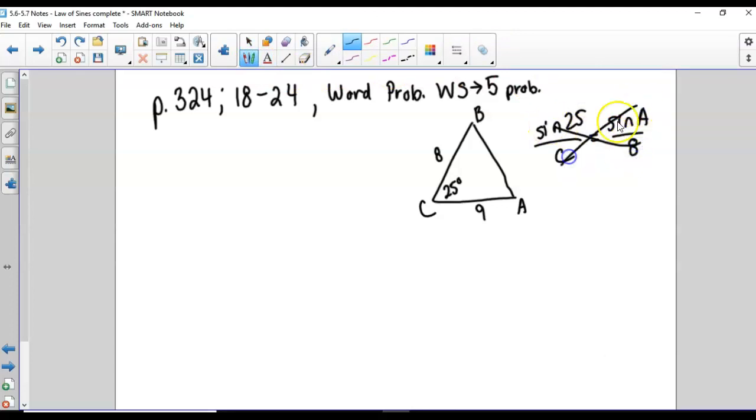So I got 2 variables there, so I can't do anything with it. And if I tried to solve for a different side, I'd end up with 2 variables no matter how I set it up. So if you have 2 sides and an angle in between, then that's going to be law of cosines. We got to learn how to do that on Monday.